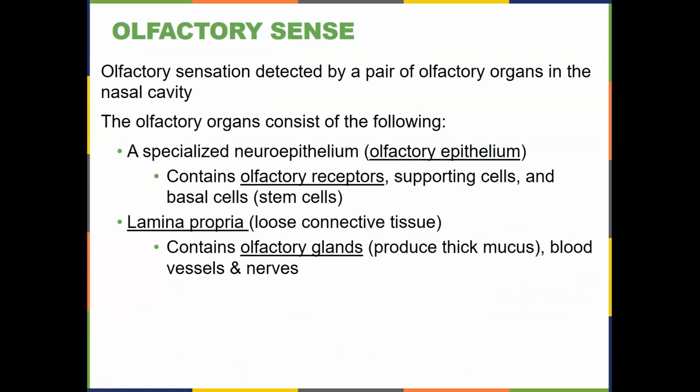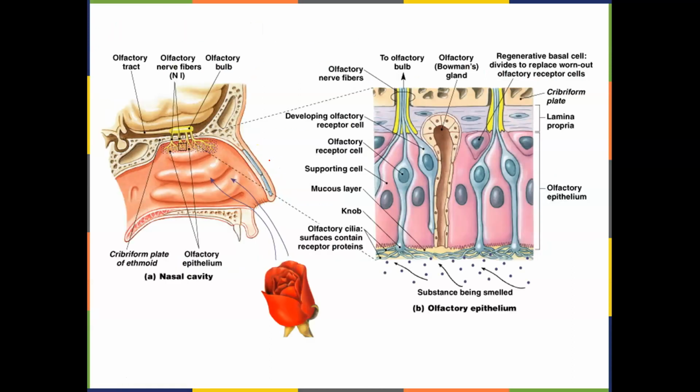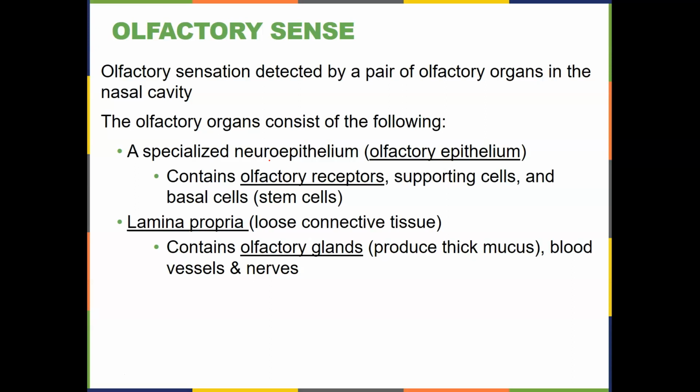So let's start with the olfactory sense, smell. Basically, what we have is a specialized neuroepithelium, neuro for neural, and epithelium. You guys are familiar with epithelia. And so the olfactory epithelium contains olfactory receptors and another type of cell called supporting cells. The olfactory receptors are the neurons of the olfactory system, and the supporting cells are the glia, basically.